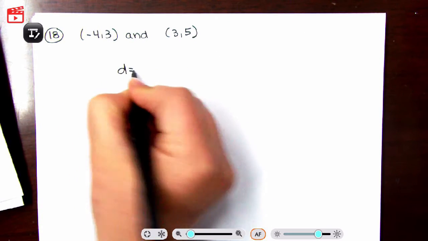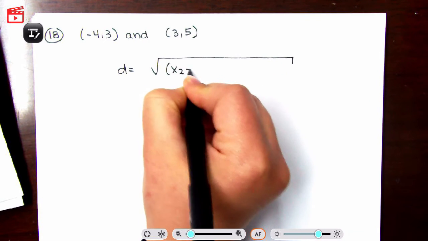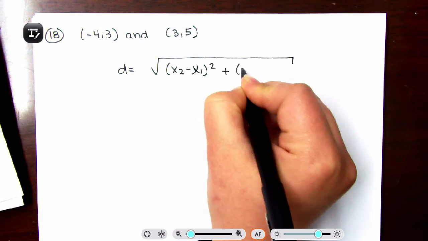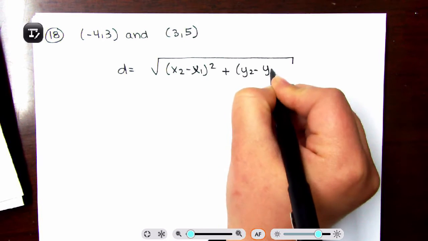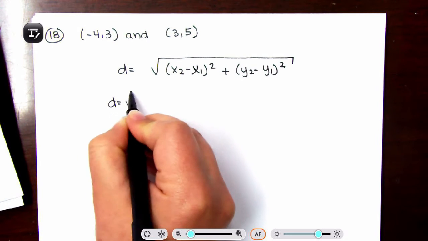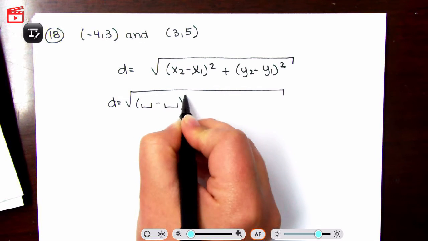Write your distance formula. So we have x2 minus x1 squared plus y2 minus y1 squared. Rewrite it one more time, leaving some space. Make sure you have your minus in your square.